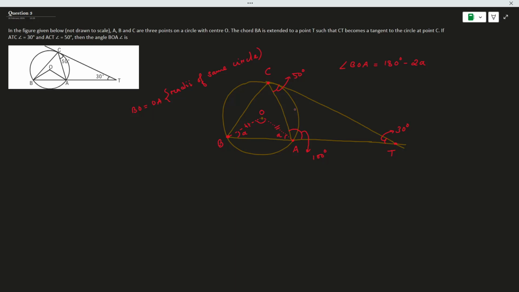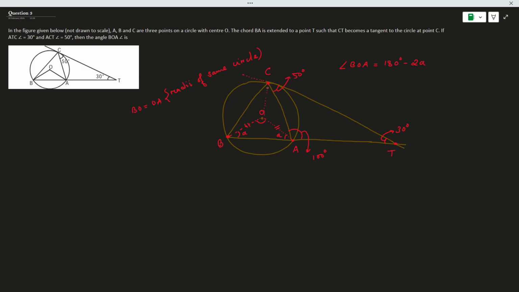Can I use some other properties of triangle or circle here? If I join, suppose I join this, what will I get? I will get this angle and this angle as equal, this angle and this angle as equal. It won't help, right? But I know, okay, since it is tangent, right? We are told that CT is tangent.